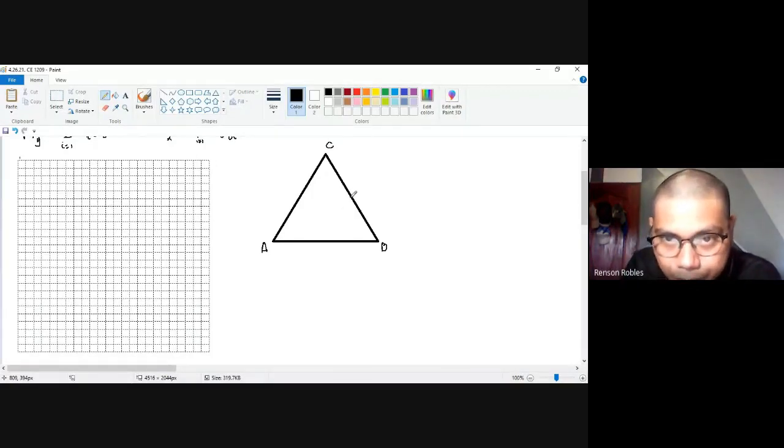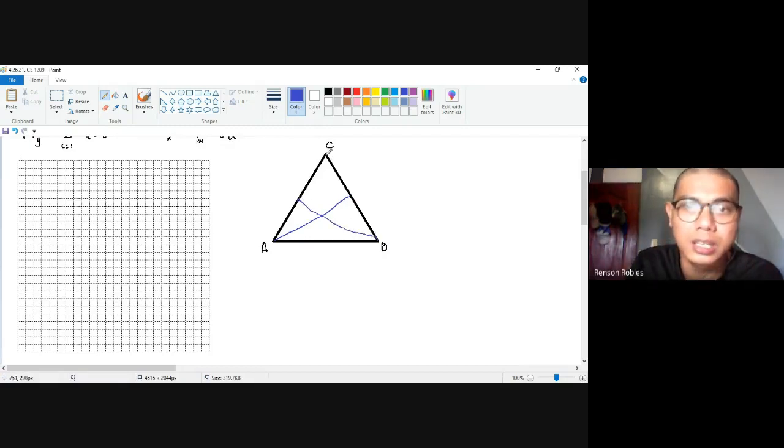So this is the midpoint. And then from vertex B to the midpoint of the segment AC, and then from vertex C to the midpoint of the segment AB. So the point of intersection is what we call the centroid.